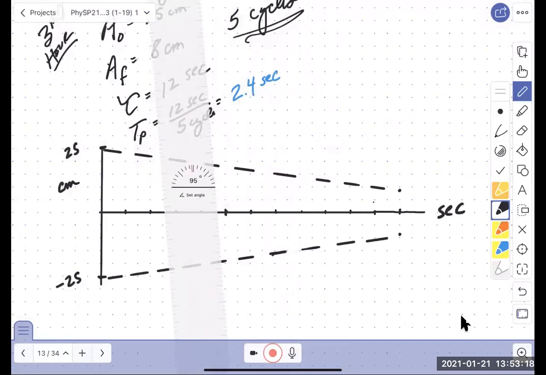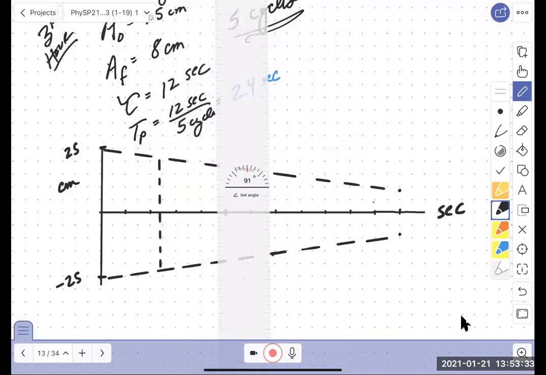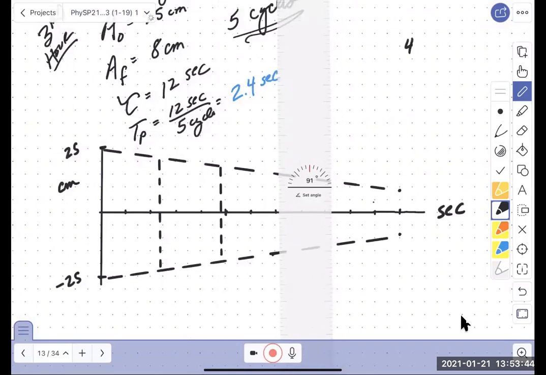So it's 2.4 seconds per oscillation. You see, this is called scaffolding. I'm scaffolding in, because now it's not going to be so easy. I've got to actually work it out: 2.4, 4.8 is the next one. And then 4.8 plus 2.4, the next one's 7.2. 1, 2, 3, 4, 5, 6, 7, 7.2.